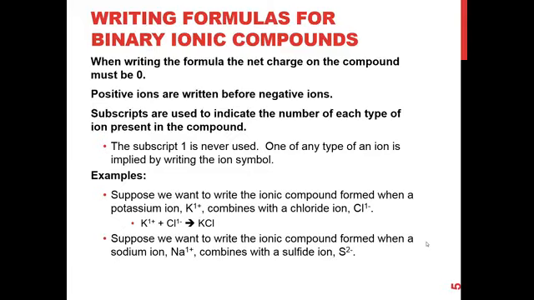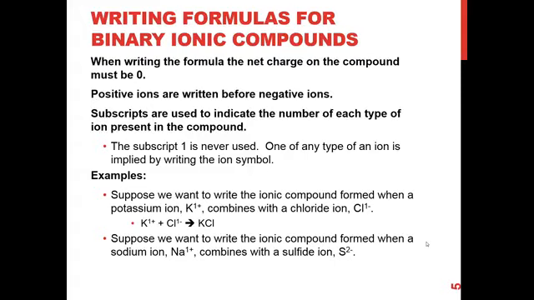Let's look at a slightly more complicated example. Suppose we want to write the formula of the ionic compound formed when a sodium ion, Na1+, combines with a sulfide ion, S2-. Now, 1 plus 2- does not equal 0. Matter of fact, it equals 1-.